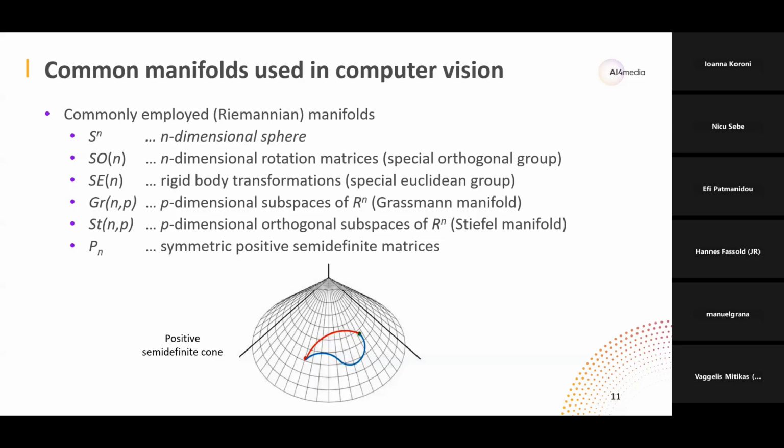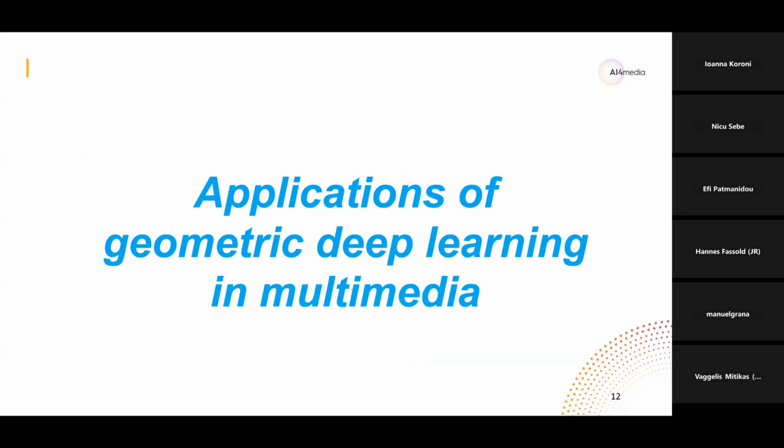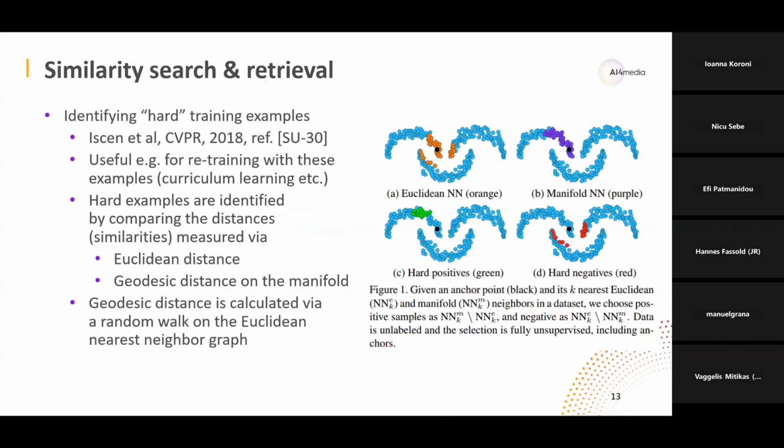All right, so now let's get practical. I will show now applications of geometric deep learning, now also with graphs actually, in the multimedia and computer vision domain. It will be a very diverse mix. So for similarity search and retrieval, I found a nice approach by Iscen et al.